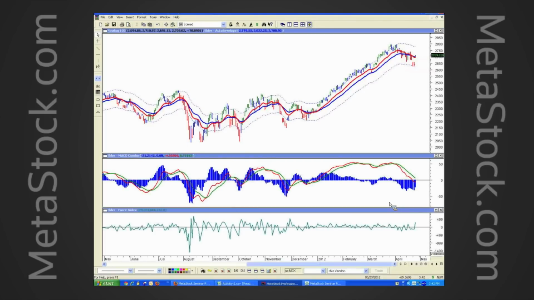Jeff, if you please put a vertical line through the peak of a MACD histogram at the very beginning of 2012, right around here, and then another in mid-March when MACD histogram went positive again. You see, this is a pattern.